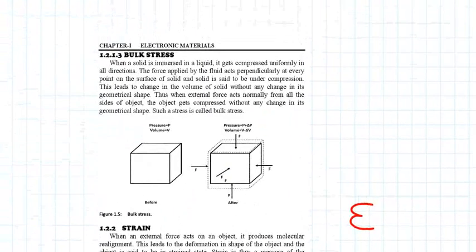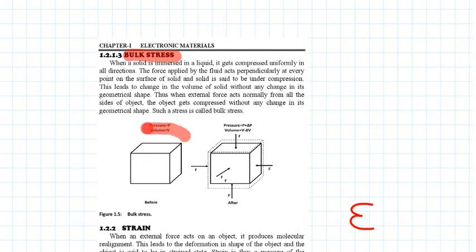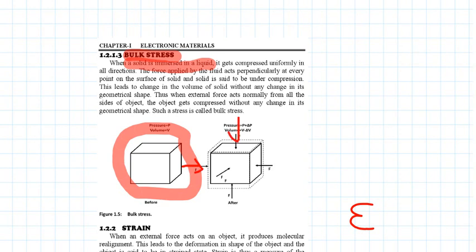If we immerse this solid into a liquid, what will happen? It will suffer equal force from all directions due to the pressure of water. So at that time it will get compressed from all directions, and the volume of the object will decrease.